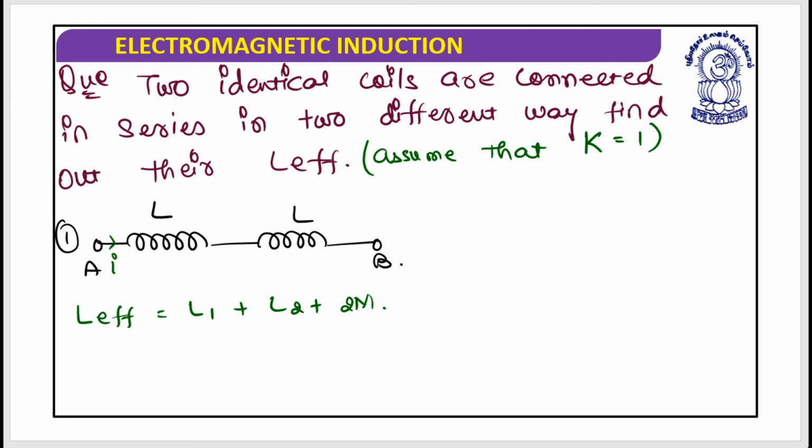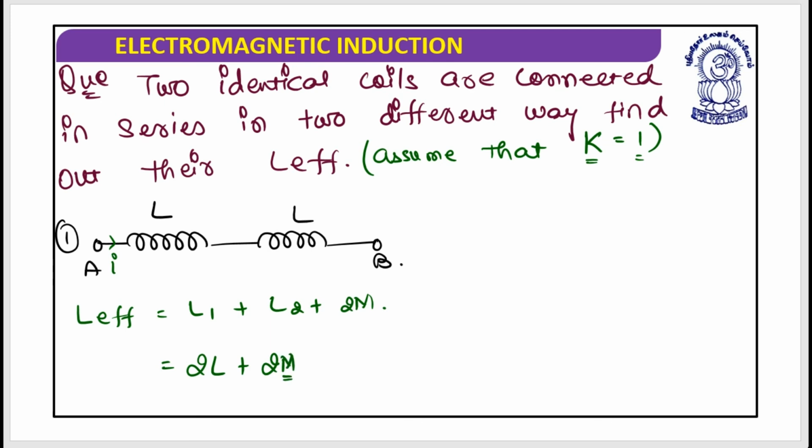Sometimes they will say that the coils are perfectly coupled, which means you assume K is equal to 1. So this is L1 plus L2 plus 2M, which is 2L plus 2M, but let's replace the value of M as well.